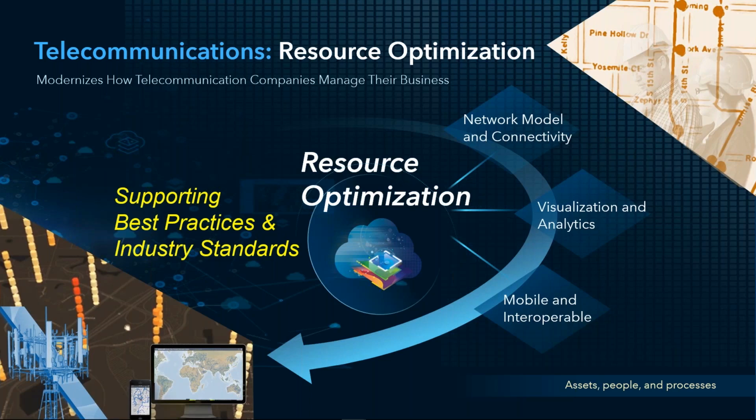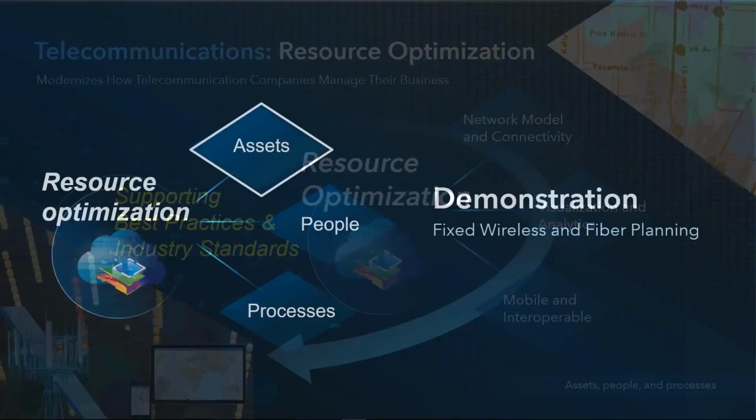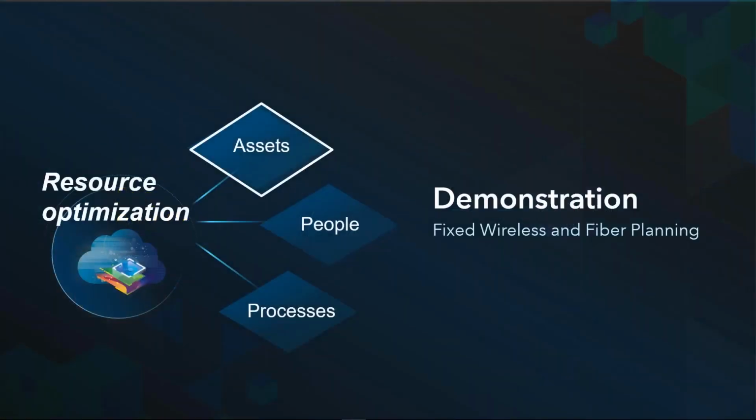So the second area will be around people. And then finally, being mobile first and interoperable with other systems improves data collection and scheduling and simplifies integration with other systems. These are all ways to optimize processes. So today we're going to look at examples in these categories of assets, people, and processes.